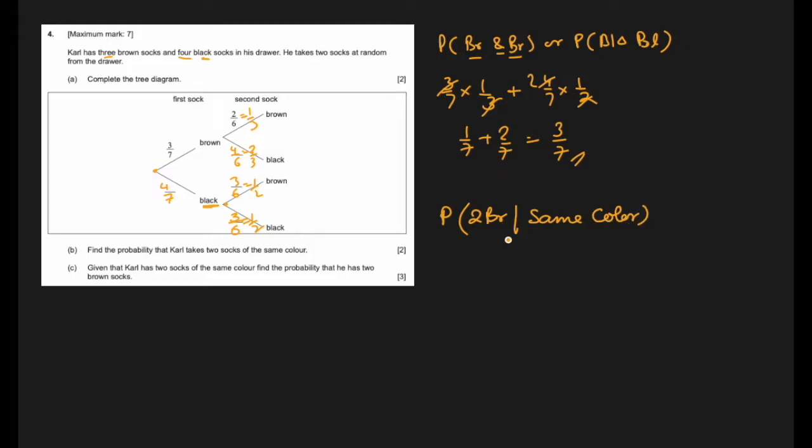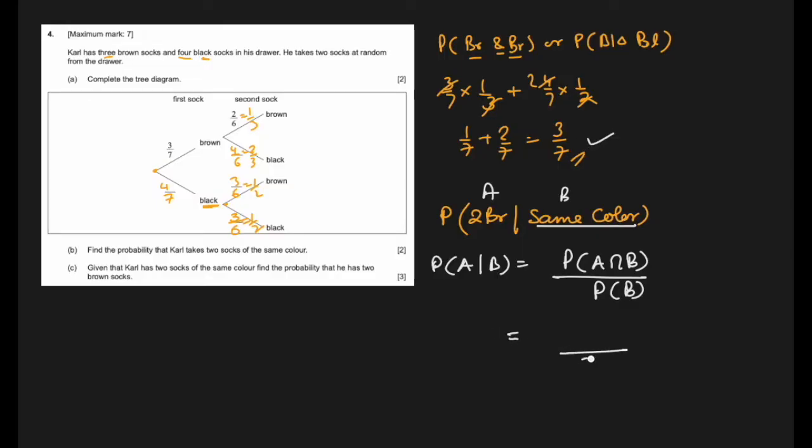So what we can do, let me call this A and this B. So the probability of A given B is the probability of A intersection B divided by the probability of B. The probability of same color we already found, 3/7. So the denominator is already decided, 3/7.